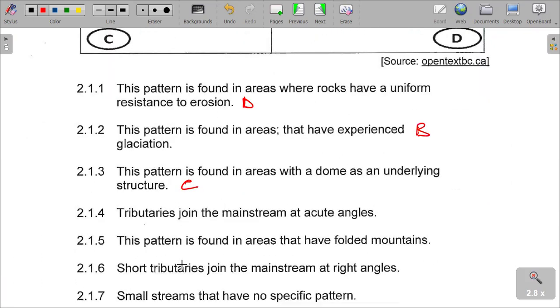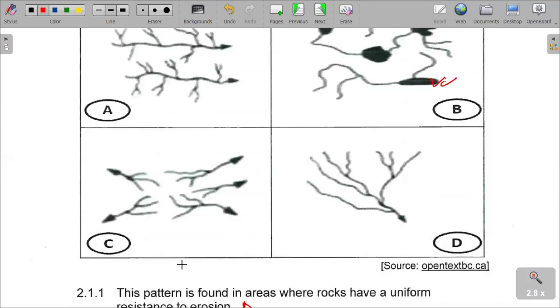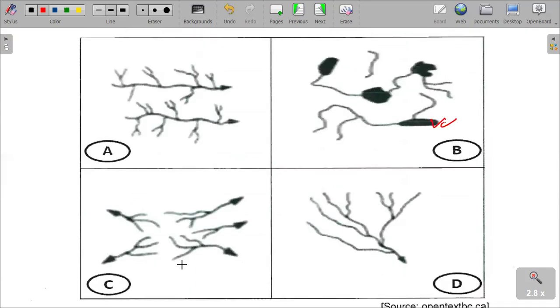And then tributaries join the mainstream at acute angles. These are very small angles, which we are seeing from there.